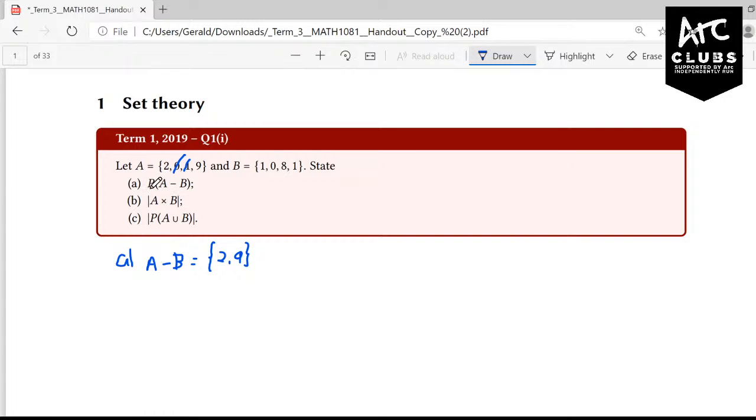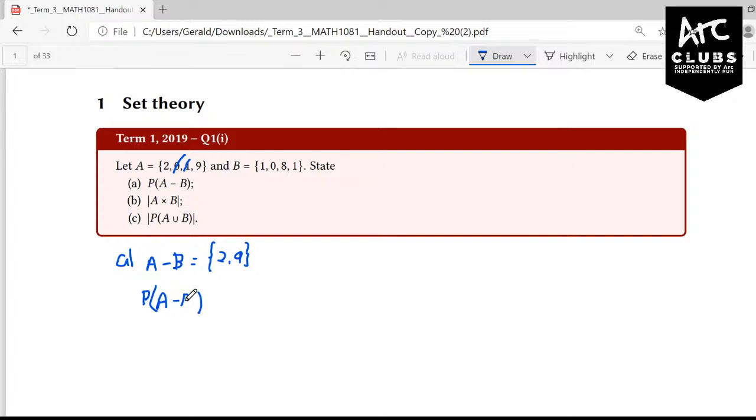So the power set, remember, this is just the set containing all of the subsets of A minus B, right? So one such subset is the null set. So the power set of A minus B, let me just erase this and I'll start again.